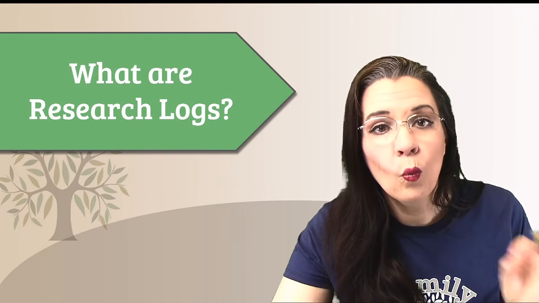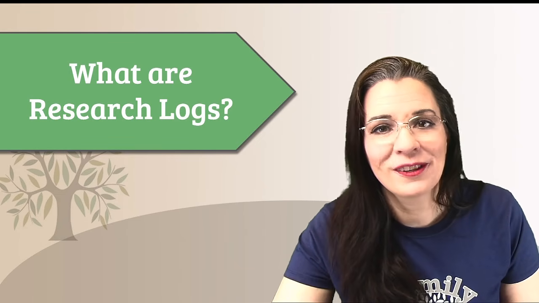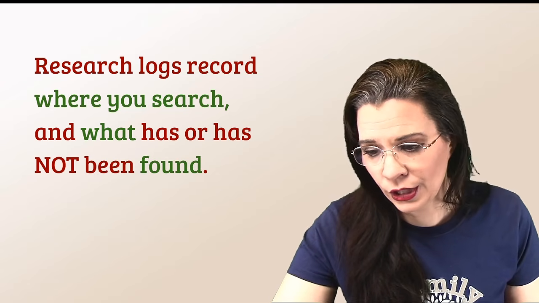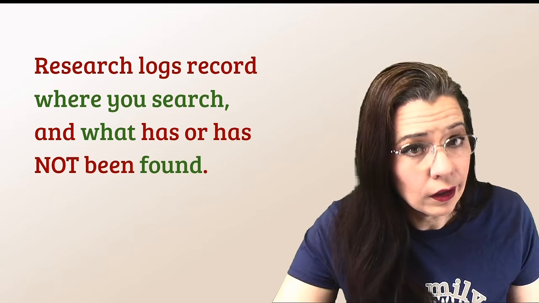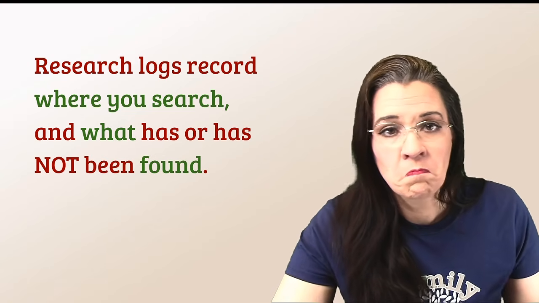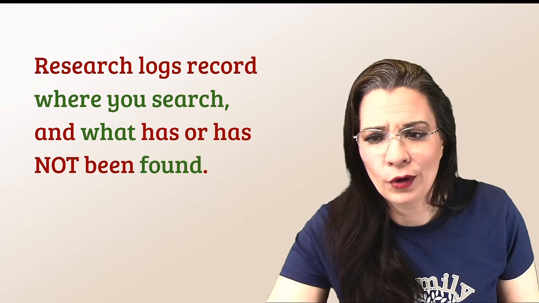So for those of you who are like, I don't know why you're mad, let's talk about what research logs are, and then we can go through the next process. A research log, according to FamilySearch, is where we document where you search and what has or has not been found. Okay, that doesn't seem like enough to get me riled up.